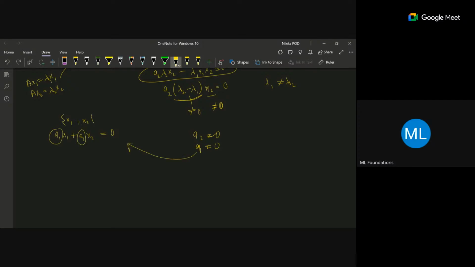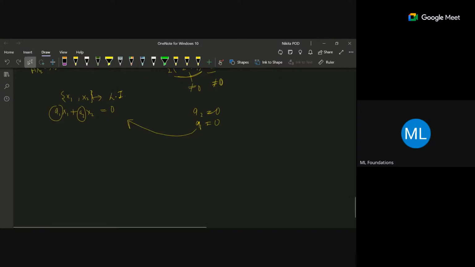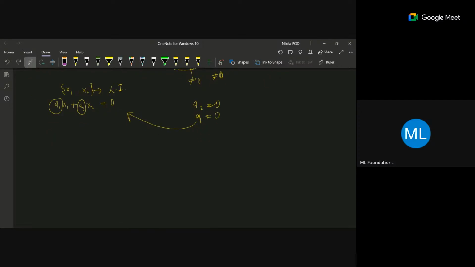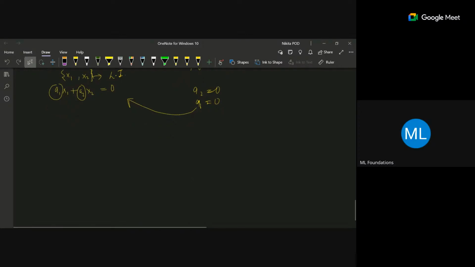So this shows that the set x1, x2 of eigenvectors of A is linearly independent. This is just for a matrix of size 2, but we can extend it to a matrix of size, let's say, n.